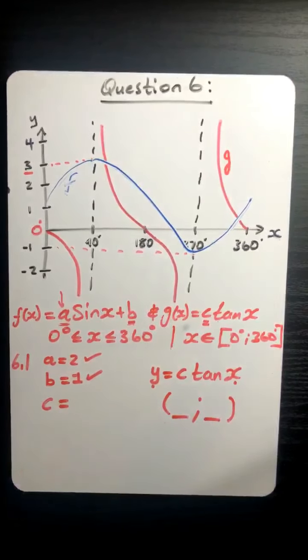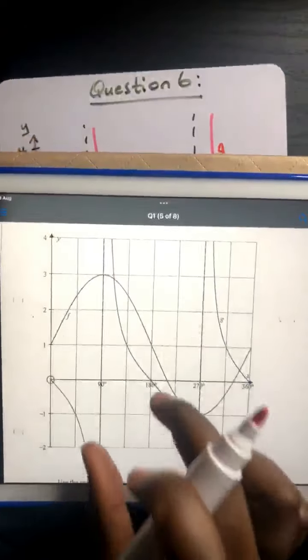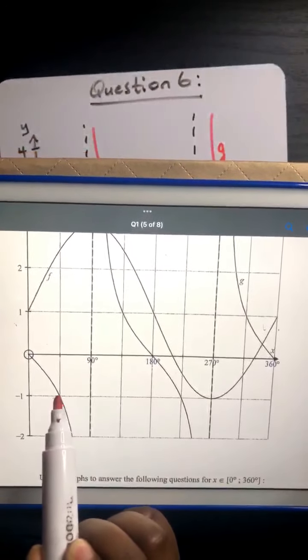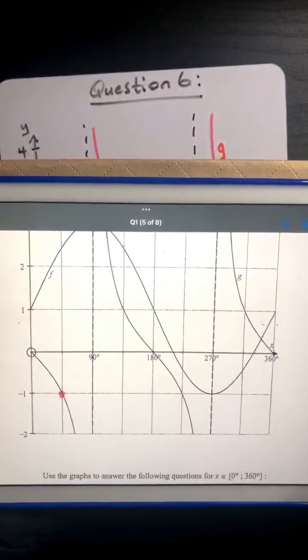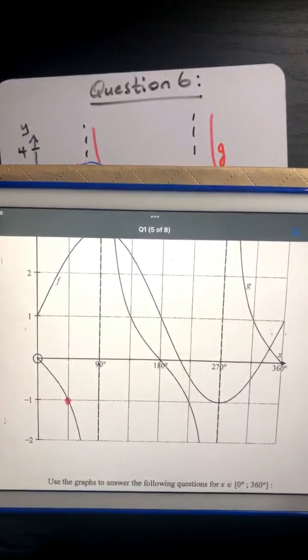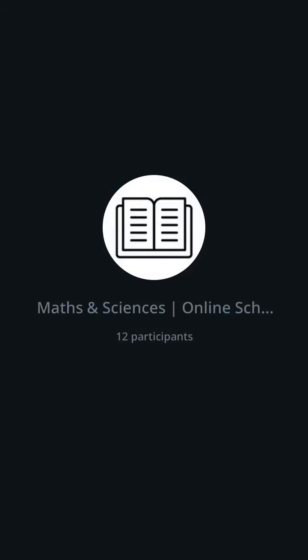Guys, let's try to get a point from there that we can use. I'm already thinking of that point. Can you guys see this point? Is it everyone who can see that point there? Yes, sir. What are the coordinates of that point as you are looking at that?